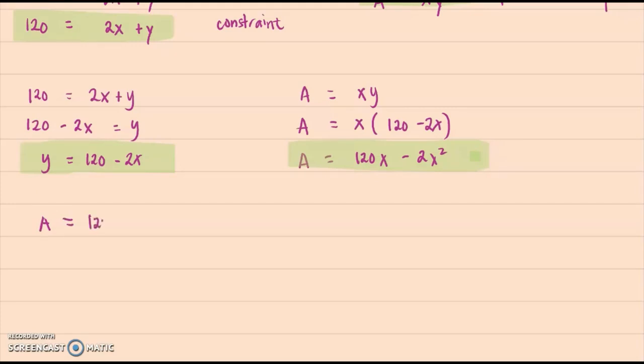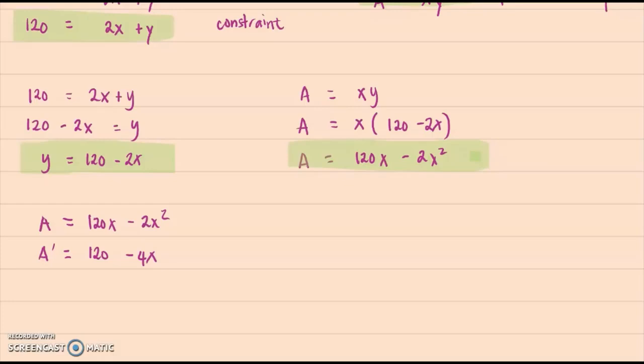A is equal to 120x minus 2x squared, and then A prime is equal to 120 minus 4x. That is our first derivative.